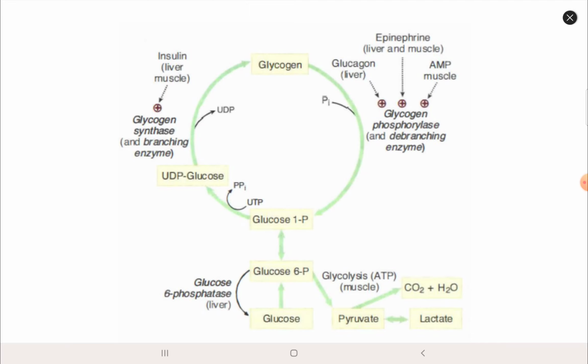Look to this diagram. What is the title? Hormonal regulation of glycogen degradation. Hormones play an important role in the metabolism, driving most of the reactions inside the body.